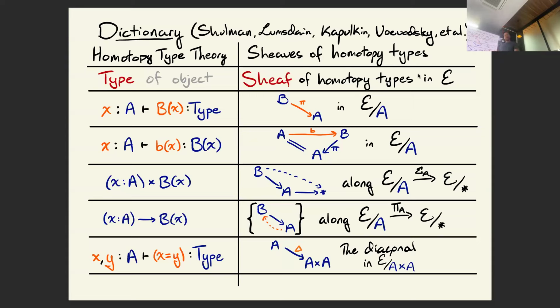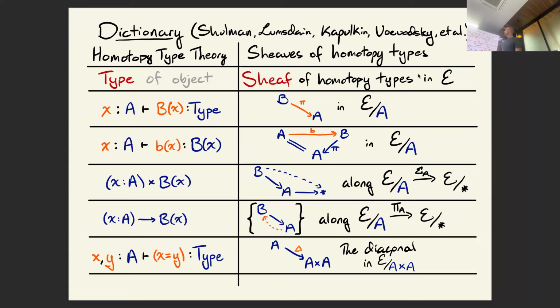And the thing I want to note is that if we are presenting these sheaves of homotopy types in the traditional foundations, we would be using something like a model structure. And then all of these slices would need to be not just arbitrary maps, but fibrations in that model category.